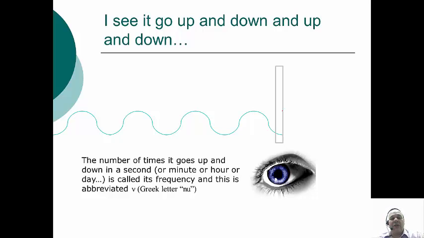The number of times it goes up or down in a second is called the frequency of light. Again, same wave, just visualized a different way. This frequency is abbreviated by the Greek letter nu. It's a Greek n, and it simply has units of reciprocal time. It's really the number of waves that go by in a unit of time.